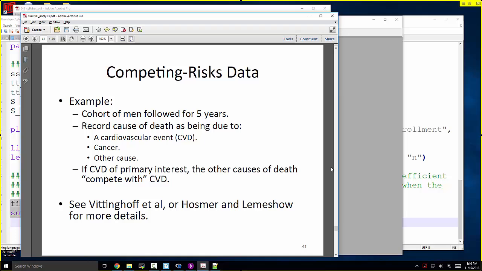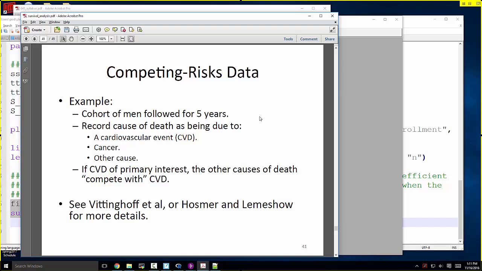So an example from the Wittinghoff textbook is this one, where we have a cohort of men followed for 5 years, and the primary interest is in whether or not somebody dies due to a cardiovascular event. So let's record survival time, time until death due to a cardiovascular event. But what happens if they die from cancer or some other cause, like got hit by a bus or something?